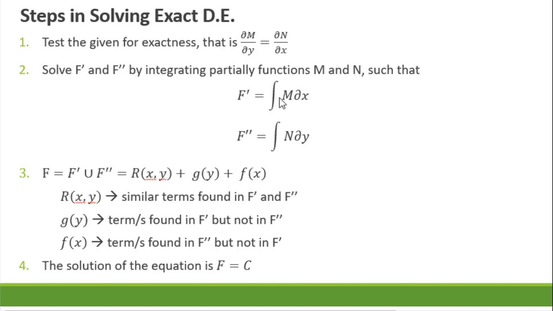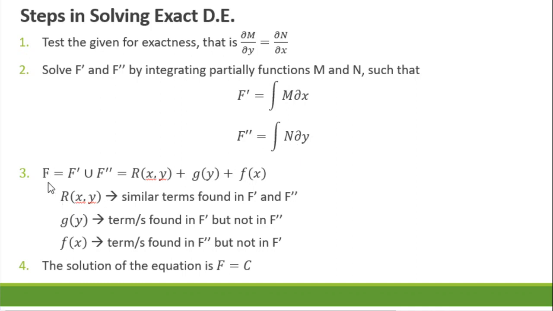Therefore, you treat x as the independent variable and you treat y as the constant. The same goes with N. For the testing, you differentiate N with respect to x. Therefore, x here is considered the variable while y is considered constant. For the integration, y is considered as the variable while x is considered the constant.